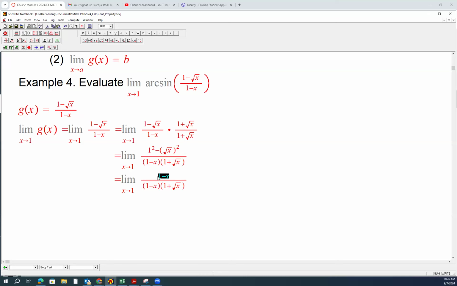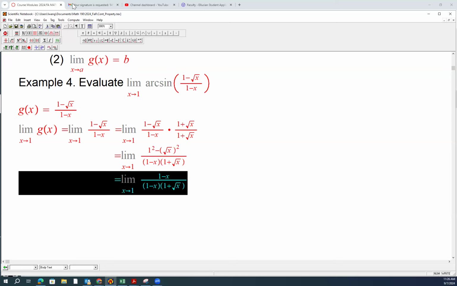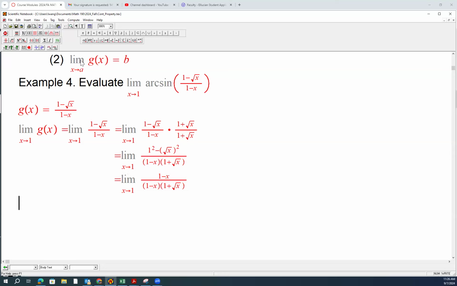So these two can be reduced. Let me write one more step, 1 minus x. This time I'm going to reduce it.